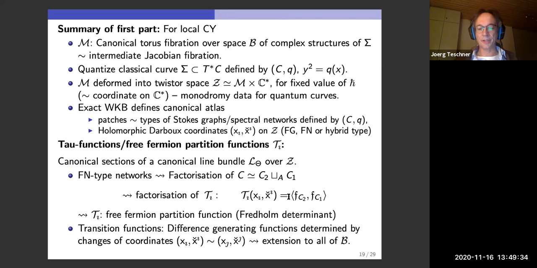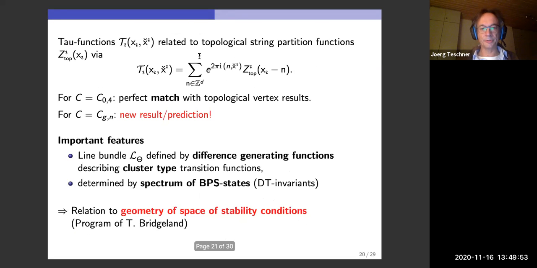So in this factorization, with the help of this exact WKB for the quantum curves, you're fixing all the possible ambiguities and end up with a completely unambiguous determination of this thing, which then, with the help of this factorization or this expansion, determines the topological string partition functions.